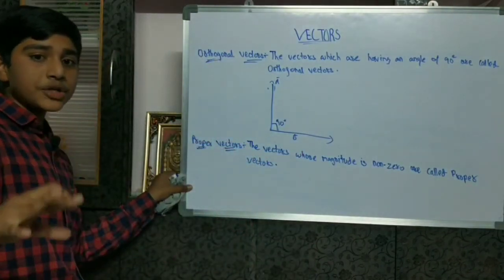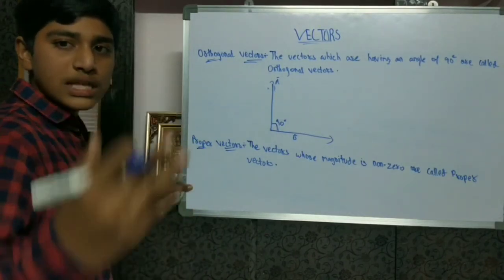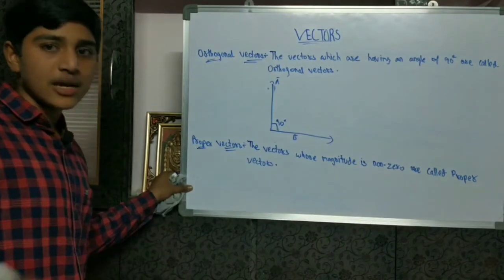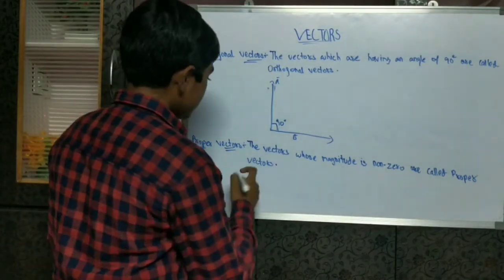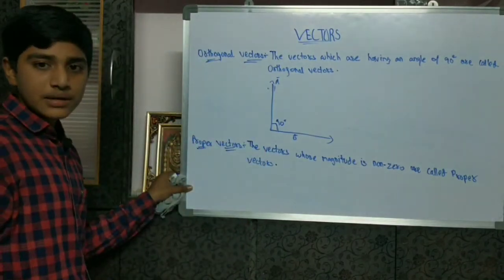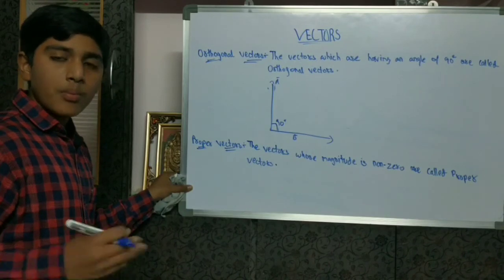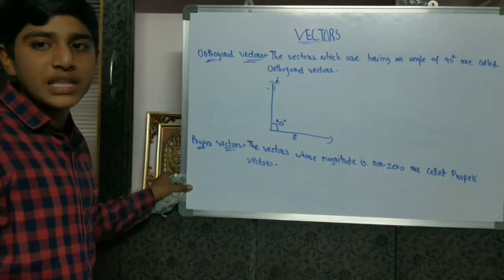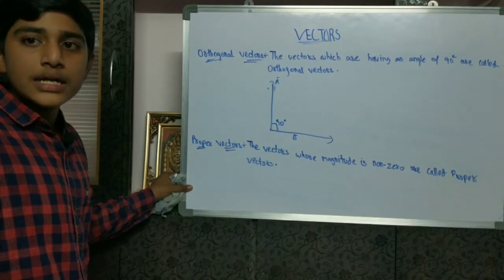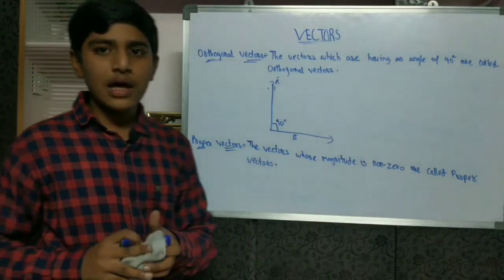That means their magnitude should be non-zero. It should not be zero. It should be more than zero. That means if its magnitude is 1 meter, it's a proper vector, or 2 meters, it's a proper vector. More than 0. The unit can be anything. It can be centimeter, millimeter, kilometer or anything. And that is about vectors.